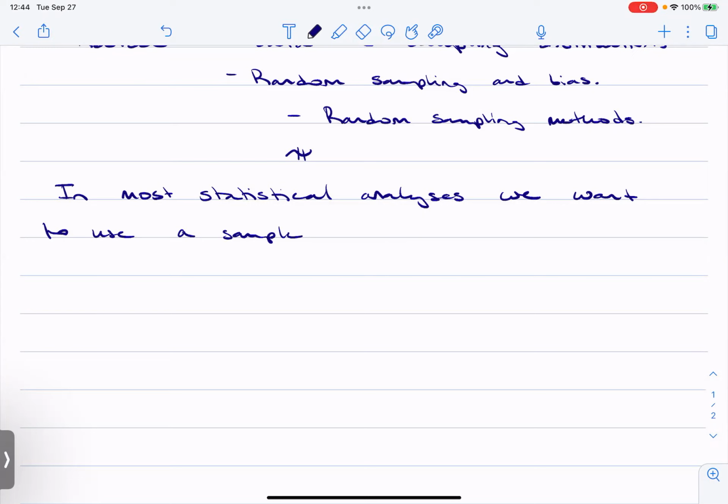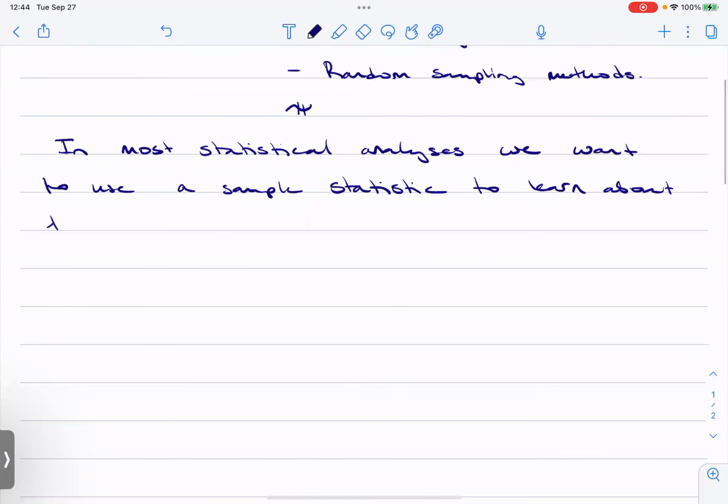But I just want to emphasize the sample statistic to learn about, and again I'm being redundant, the population parameter.